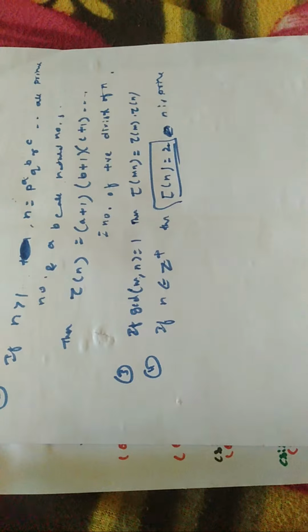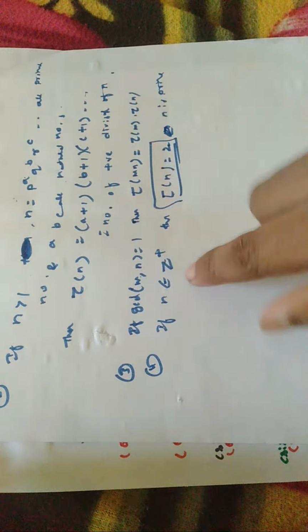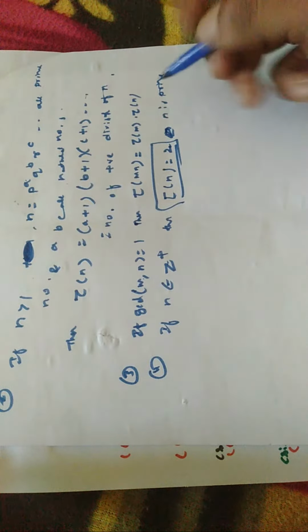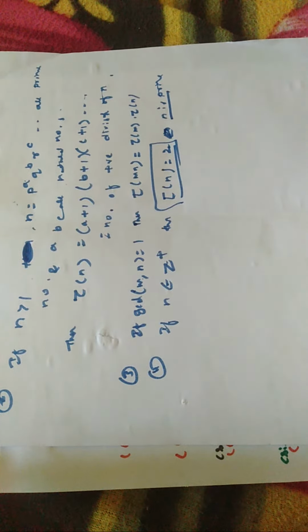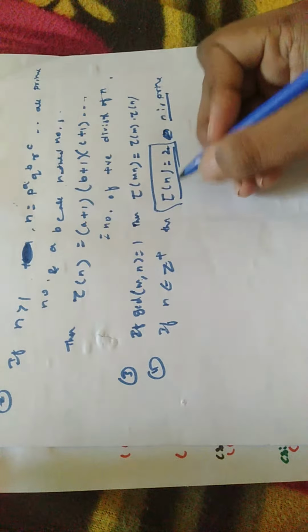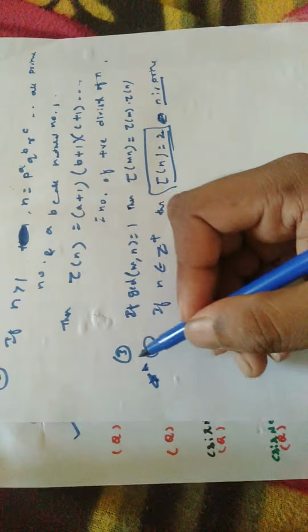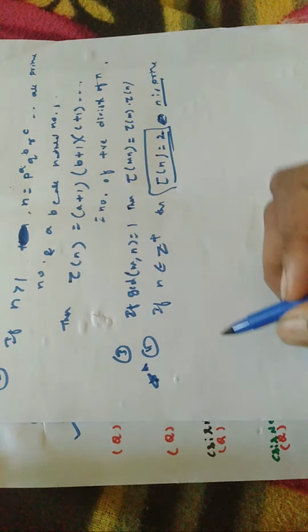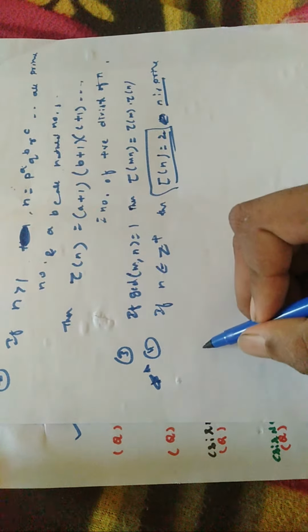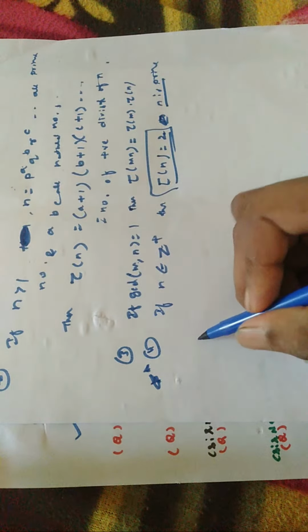That means if we take any positive integer n and n is prime, then tau of n is equal to 2. This is an important property we have to remember.